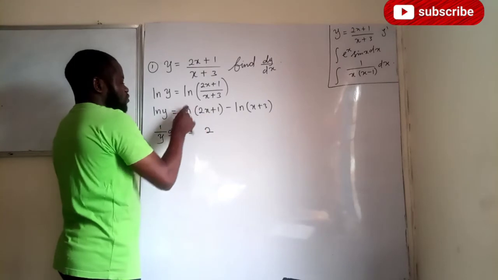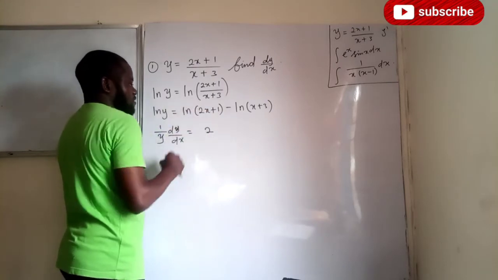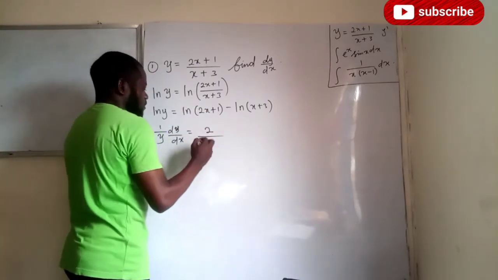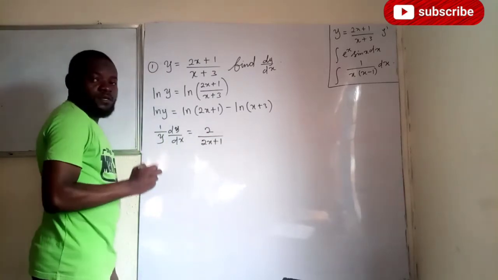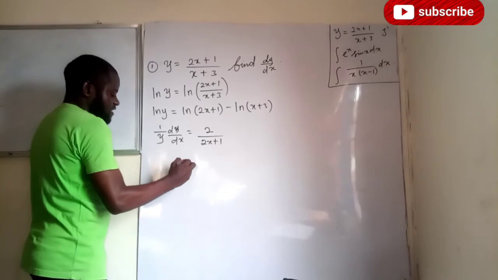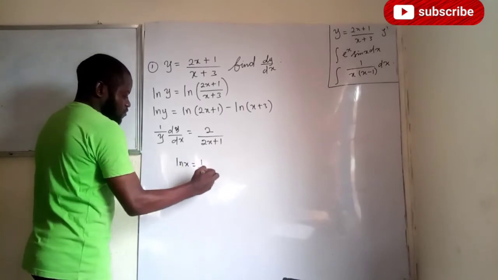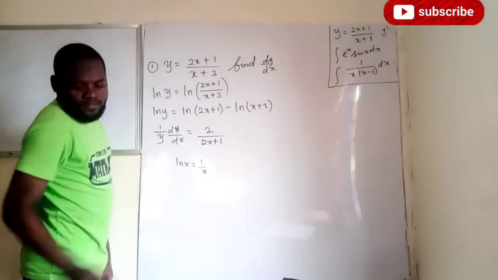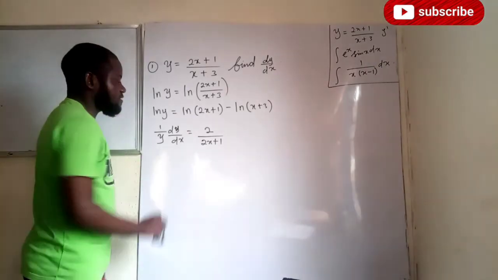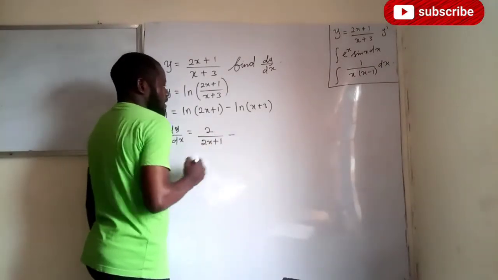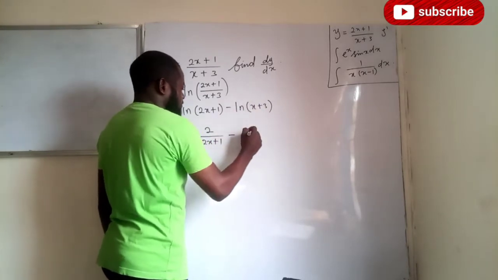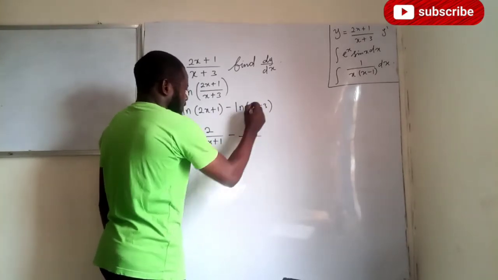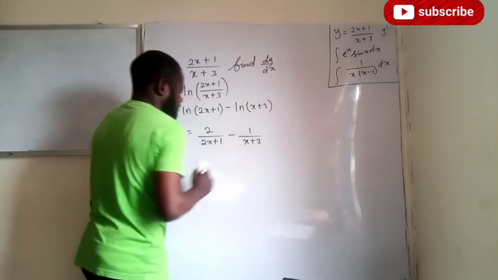If I differentiate ln of (2x+1), that will give me 2 over (2x+1). Why? Because if you differentiate ln of x, your result is 1 over x. Okay, so if that should be the case, minus, if I differentiate ln of (x+3), that will give me 1 divided by (x+3).